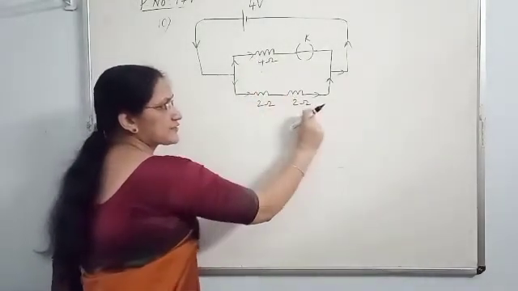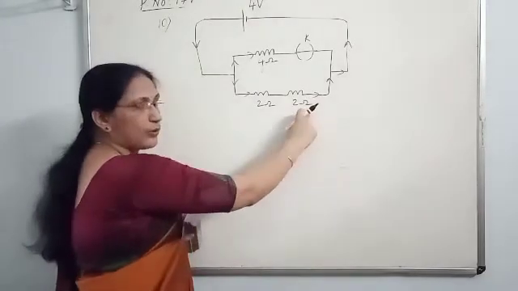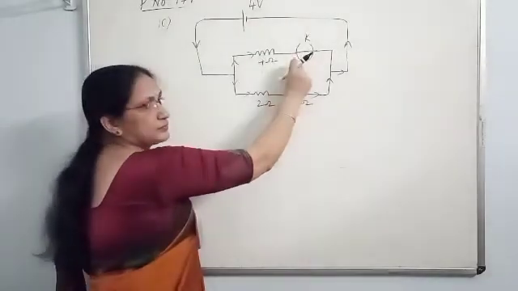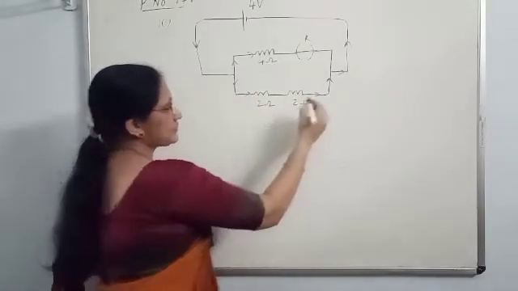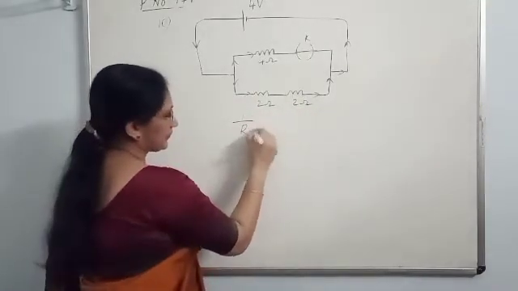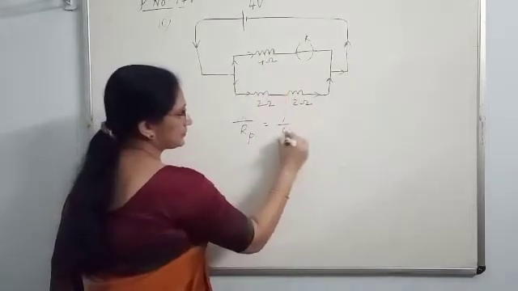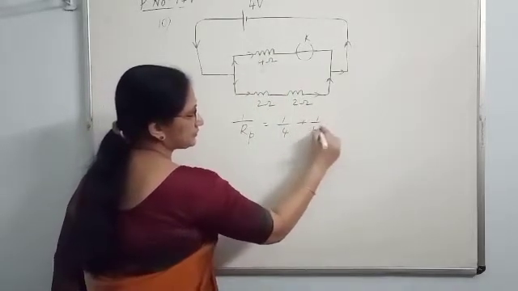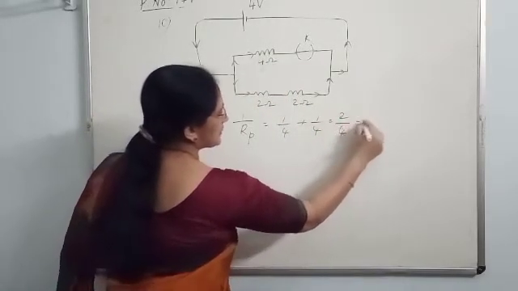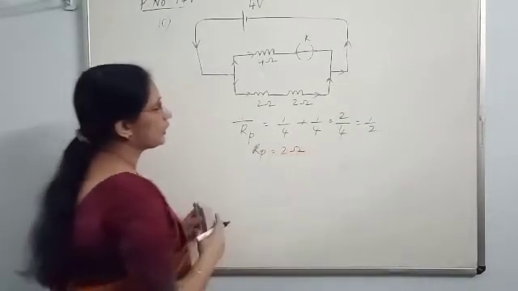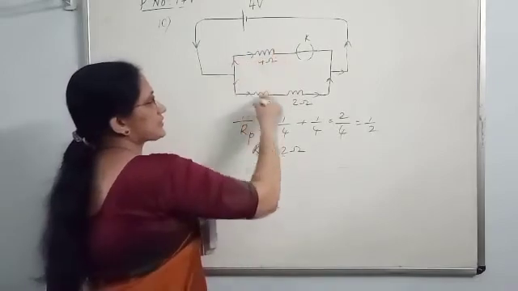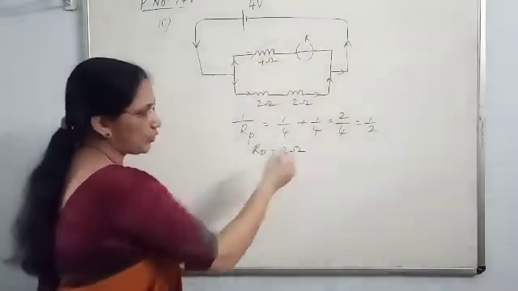Total resistance of this branch is 4 ohm and here 4 ohm. They are parallel. So for total resistance, 1 by R is equal to 1 by 4 plus 1 by 4. That is 2 by 4. That is 1 by 2. Therefore R is equal to 2 ohm. Total resistance of this section you got as 2 ohm.